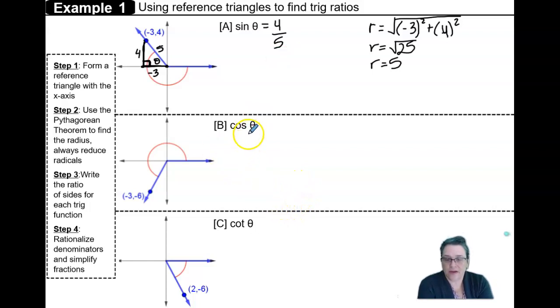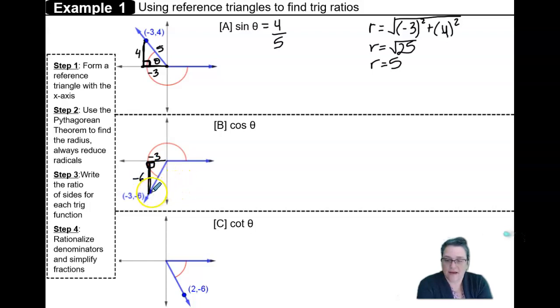Okay, then looking at example B, we want to find the cosine of theta, and we're going to drop our perpendicular to the x-axis to form a reference triangle. Then the horizontal distance is the x value, which is -3. The vertical distance is going to be our y value of that ordered pair, -6.